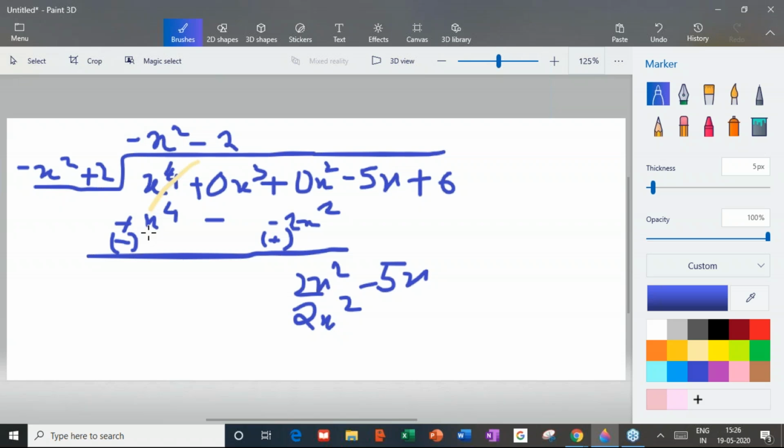So you will get x to the power 4, no term here, and minus 2x square, that is, minus x square into 2. Then when you perform subtraction and change the signs, you will get the remainder as 2x square minus 5x, and then add plus 6 also here. And now you are looking for the term 2x square.